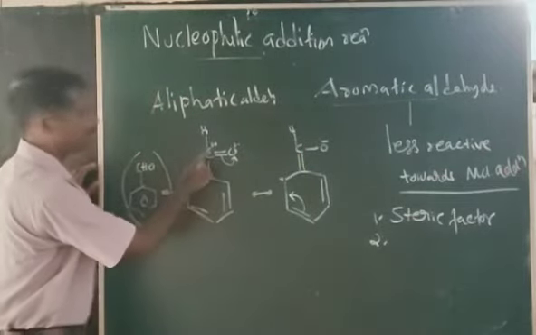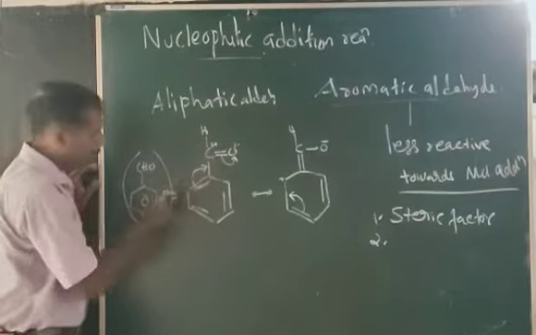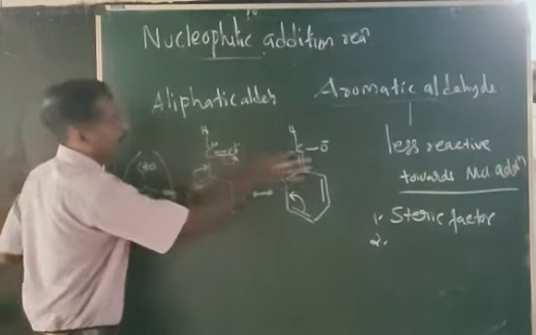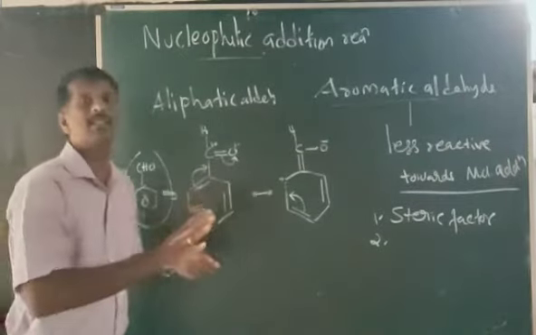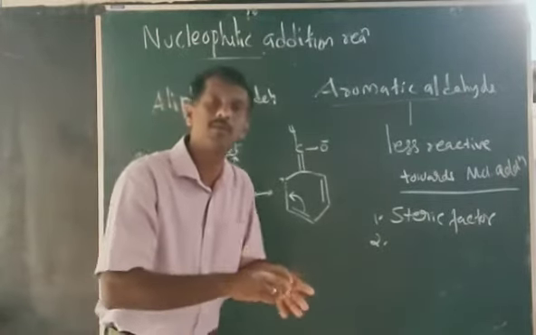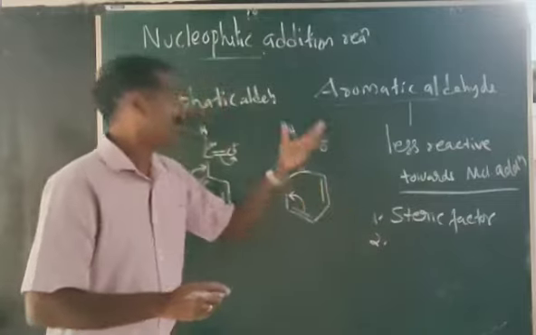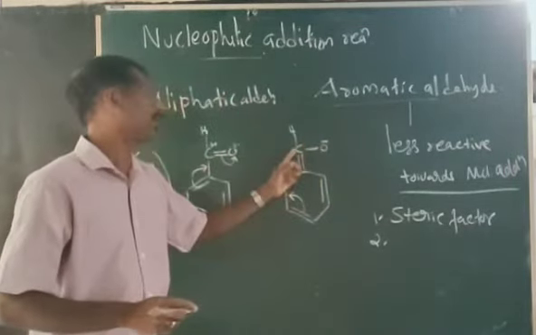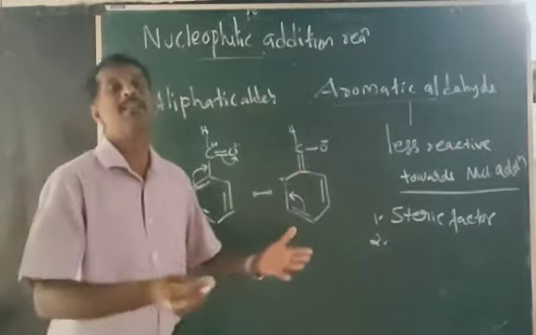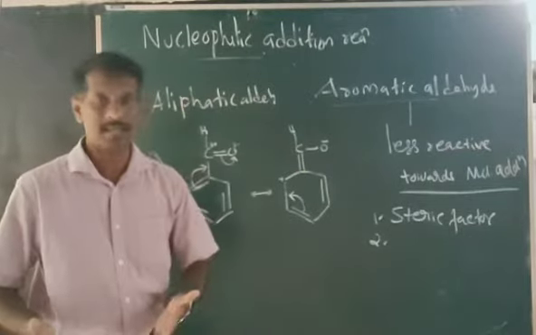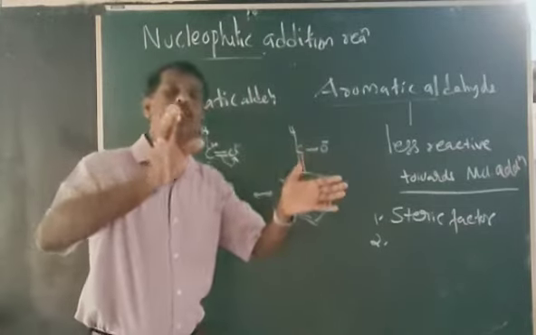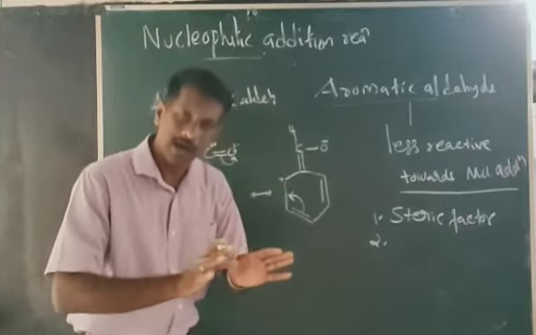Here there is a slight positive charge, but since this pi bond is shifting to here, this positive charge is removed. Therefore, the ability of the nucleophile to attack on this carbon will be reduced. Correct? Because the positive charge is reduced, the nucleophilic attack will also be reduced.